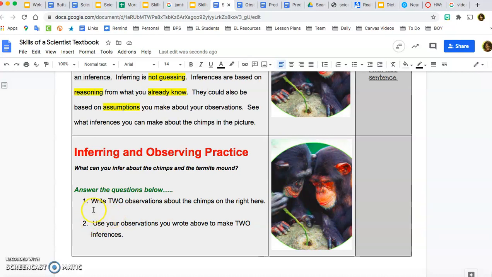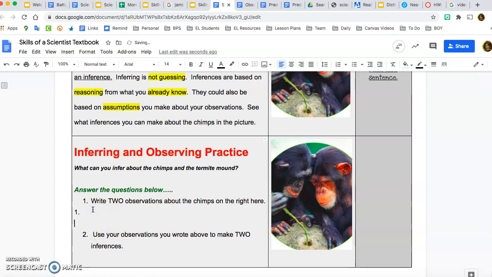Then after you write those two, you're going to maybe put a 1 and a 2. Okay. The second one says use your observations that you wrote to write two inferences. Now inferences are what you think the chimpanzees are doing from what you already know about life. What do you think the chimpanzees are doing right now? Okay. Remember, when you start an inference, we want to say, I infer that.